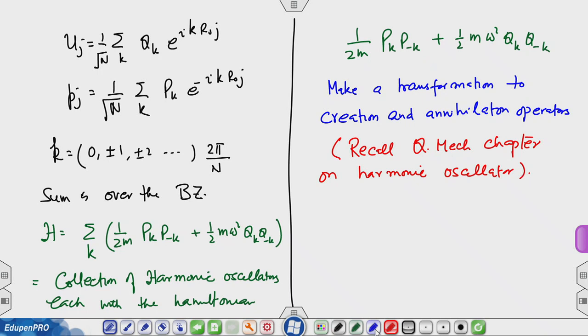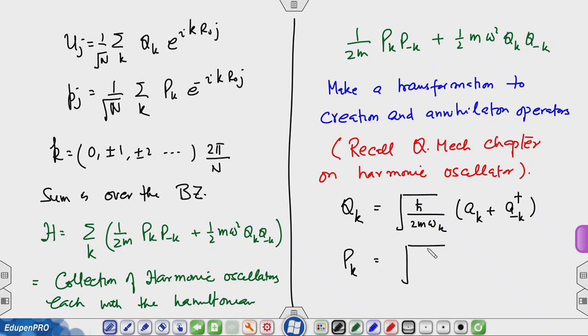So, you define, and I am going to just go over it quickly, the rest I will leave for you to go back to your quantum mechanics book and see. q_k equals the square root of h cross over 2 m omega_k, times (a_k plus a_{-k} dagger), and I am going to define p_k equals the square root of h cross m omega_k by 2, there is a 1 over i, times (a_{-k} minus a_k dagger).